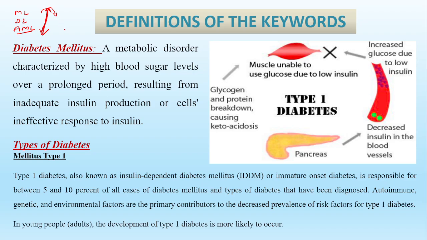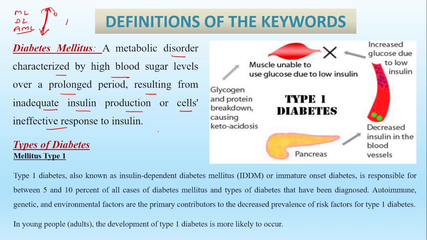The second thing is that we need to know what diabetes is and its types. Diabetes mellitus is a metabolic disorder characterized by a high blood sugar level over a prolonged period, resulting from inadequate insulin production or the cells' ineffective response to insulin.